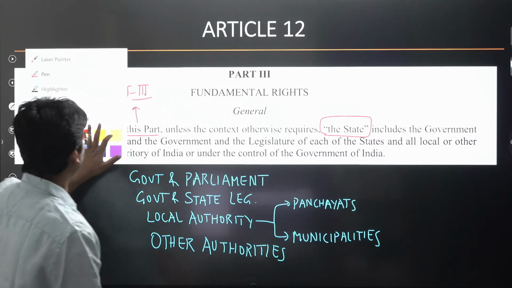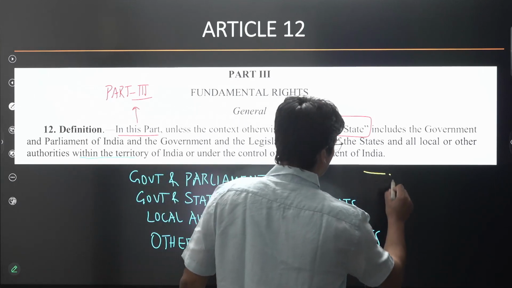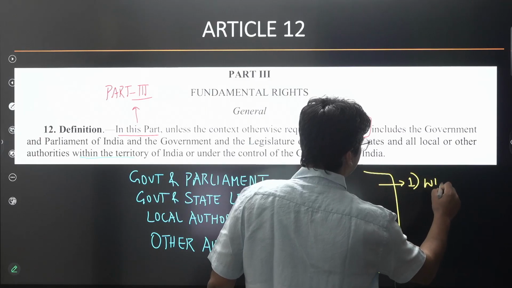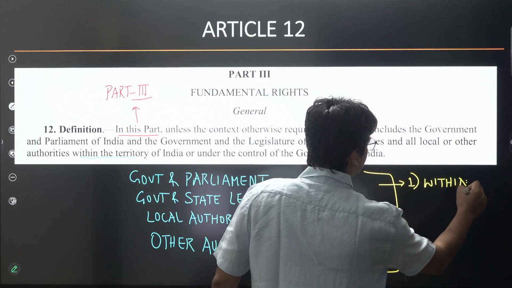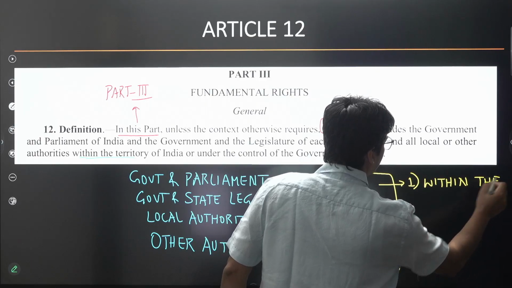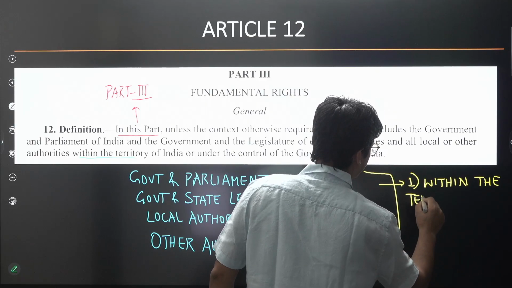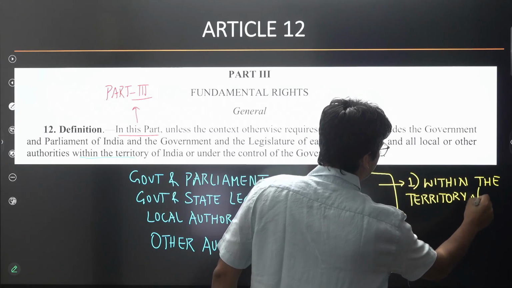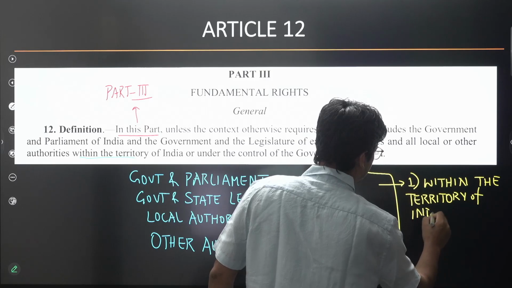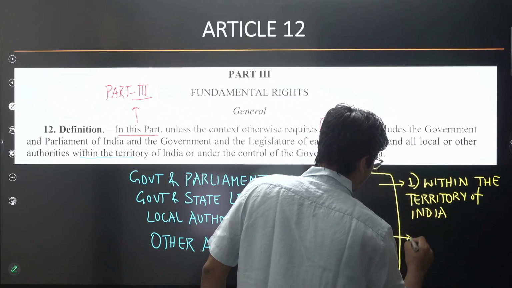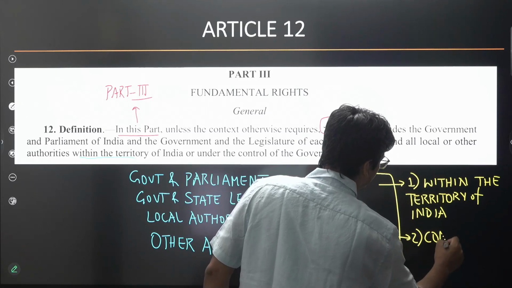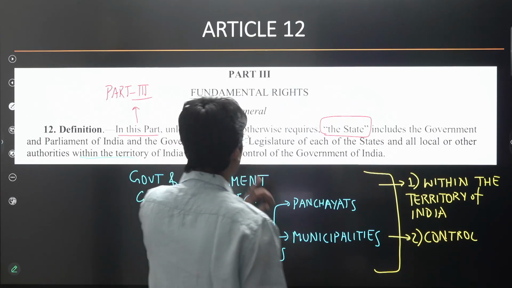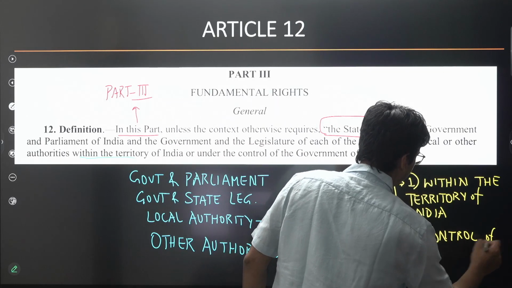Now, two important terms come with respect to this. First, these should be within the territory of India. And second, should be within the control of the government of India.